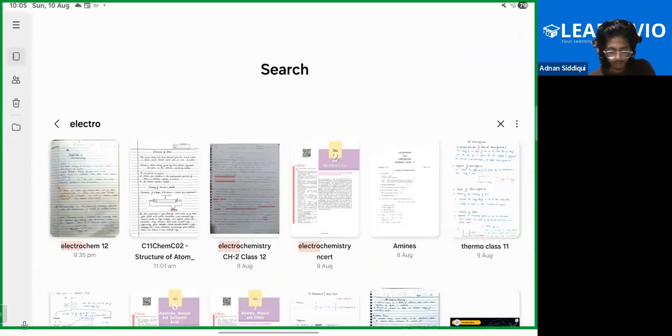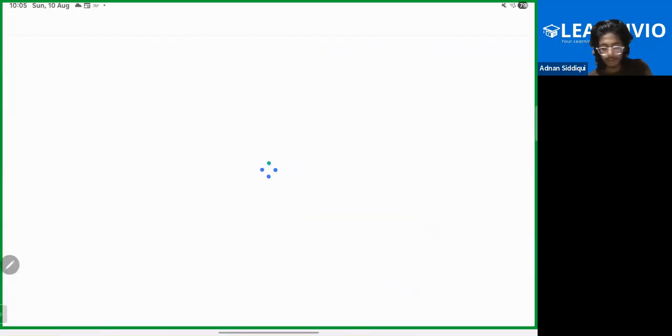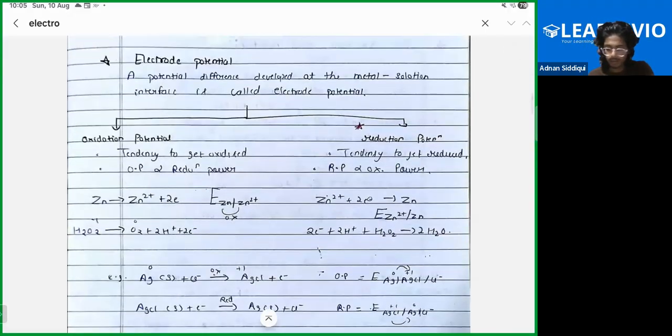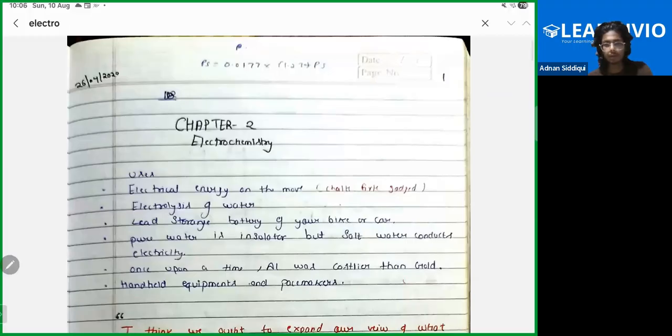Let me do one thing. I'm going to share this PDF as well. This is the lengthier PDF in which things are explained in more detail. And here you will find some questions associated with your topics.